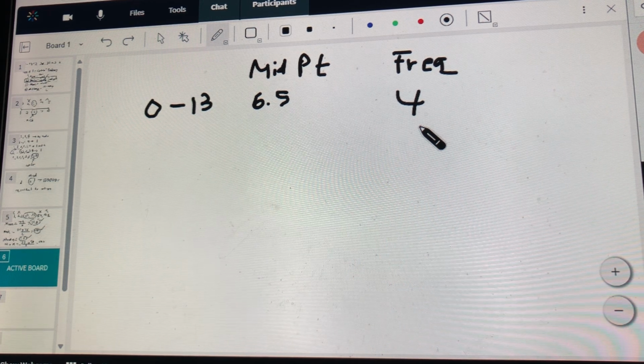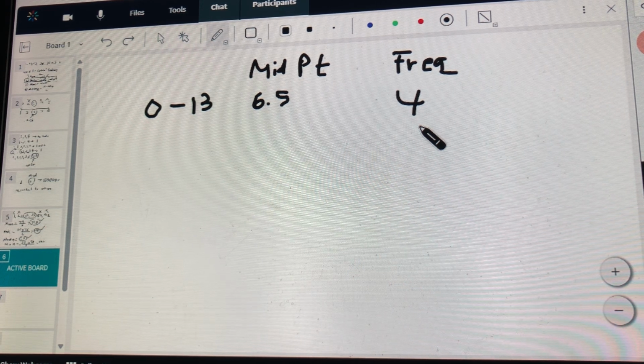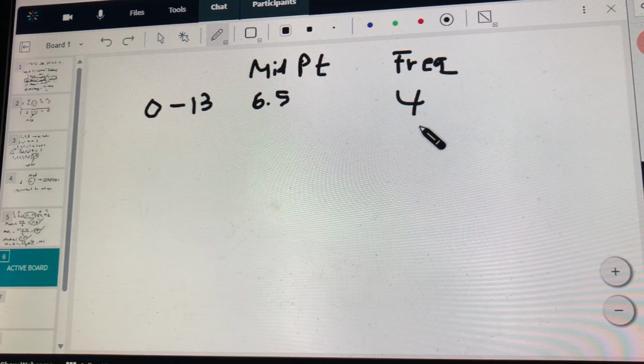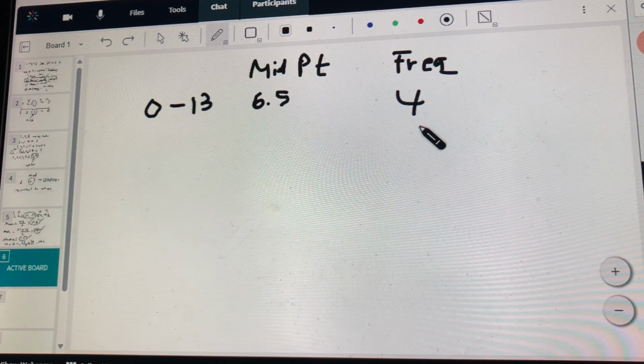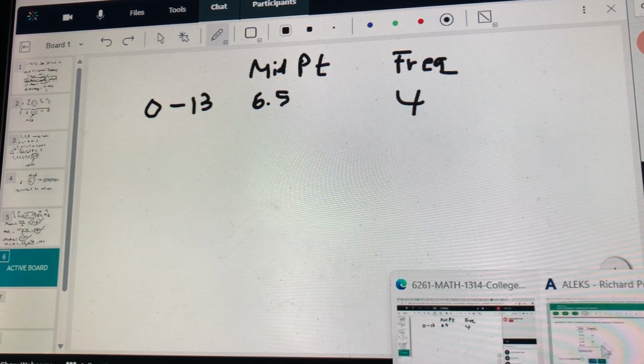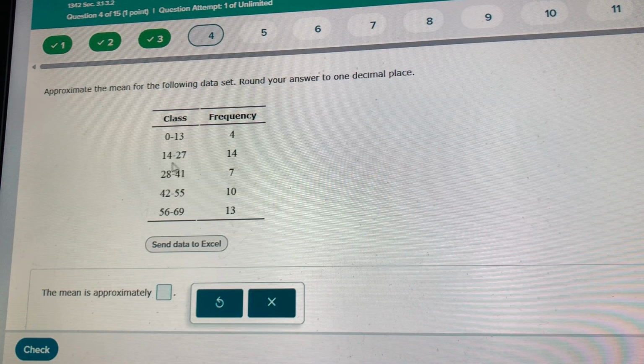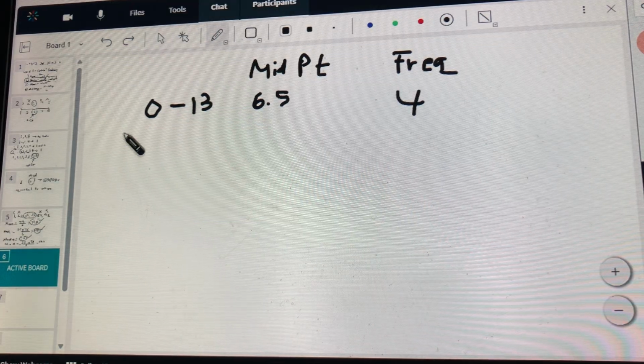And the real average could change a little bit if I change these 4 people, if they're all really young, like 1 and 2 year olds, or if I change them to teenagers, 12 and 13, then the actual average could change even with a similar group of people. But because there's literally no way to know which ones they are in that range, the best we can do is just use the midpoint. 14 through 27.